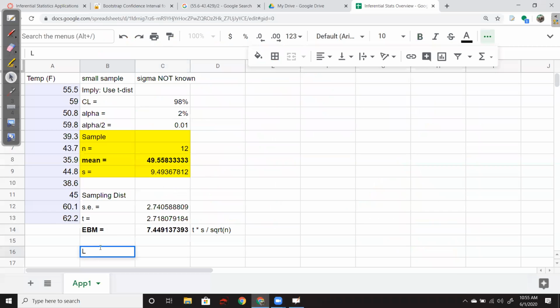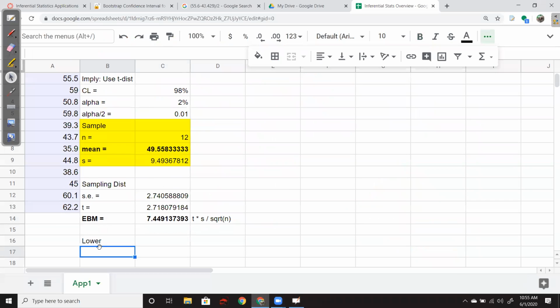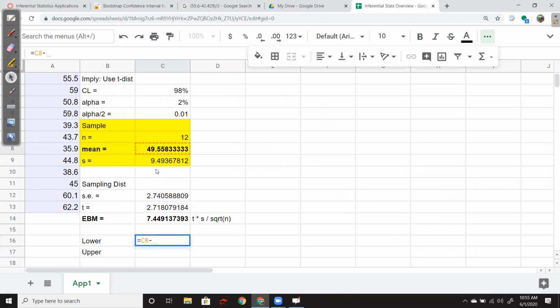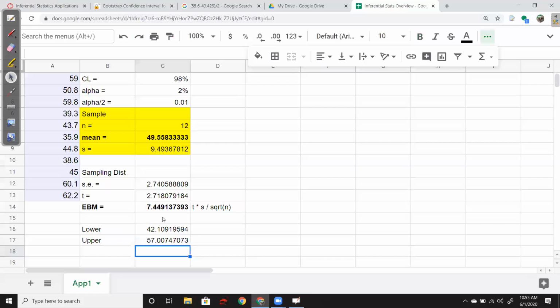So lower and upper equals the mean minus the margin of error, and then the mean plus the margin of error. And so what do I get? 42.11, 57.01.